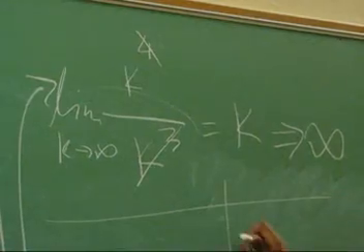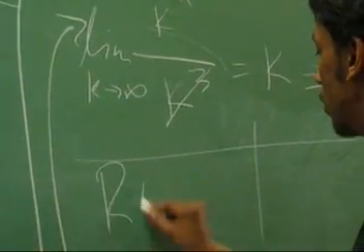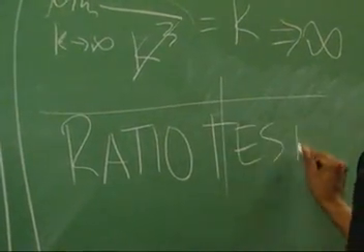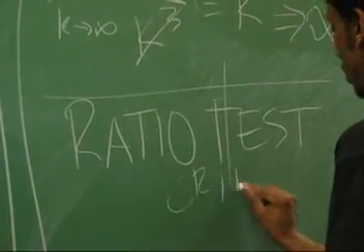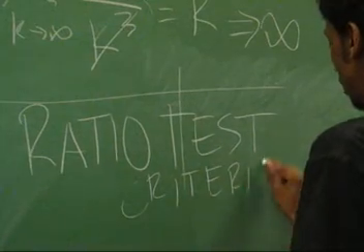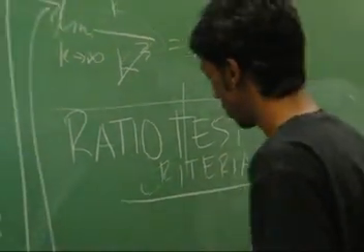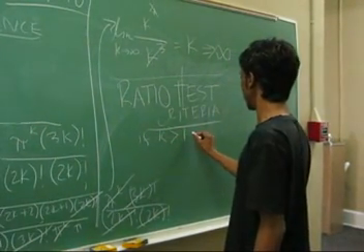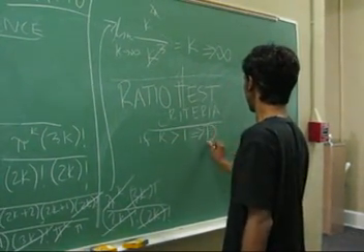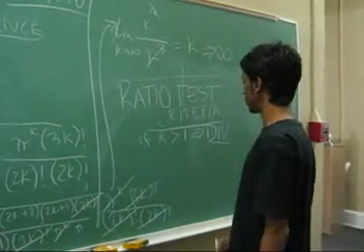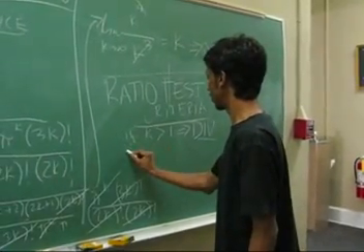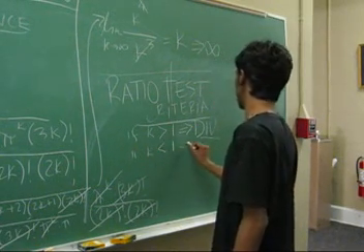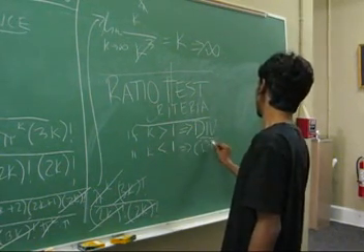And now the ratio test tells us, the ratio test criteria: if the limit is more than 1, diverge. If it is less than 1, converge.